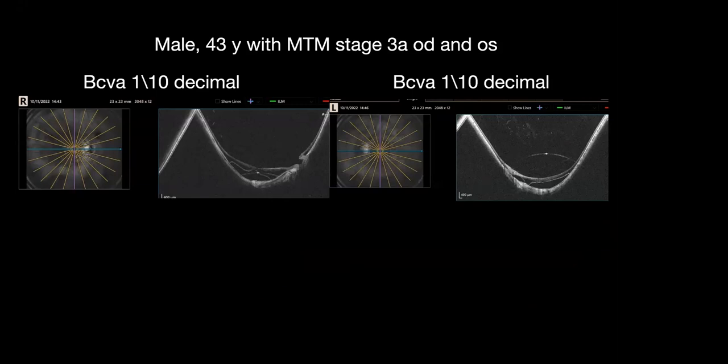This is a very nice case, and I always like to show it because this is the same patient, a 43 year old male, with the same stage of MTM in both eyes, a detachment of the macula with an intact fovea. So he received a buckle in one eye from me, but then, since I'm operating in private now, he could not afford it and decided to go to a different hospital for the other eye.